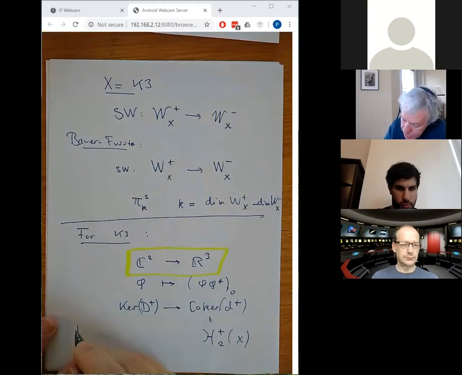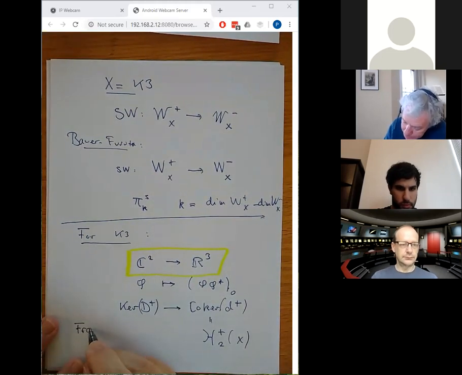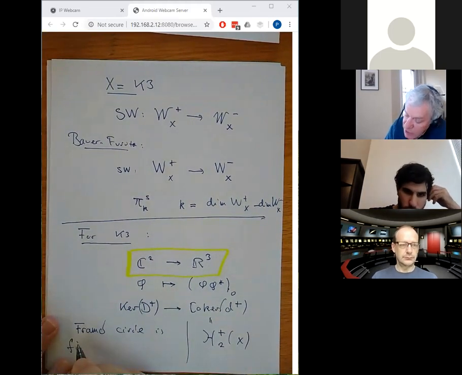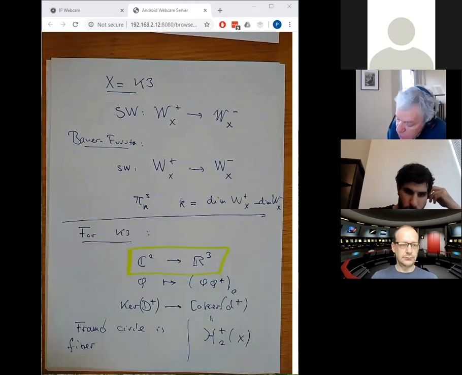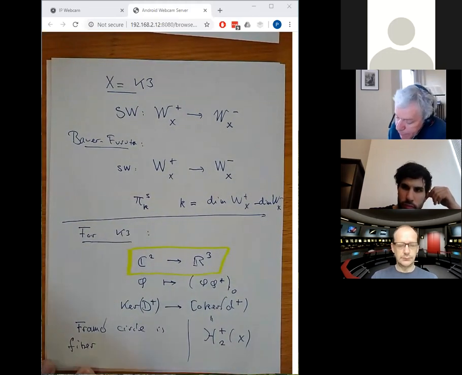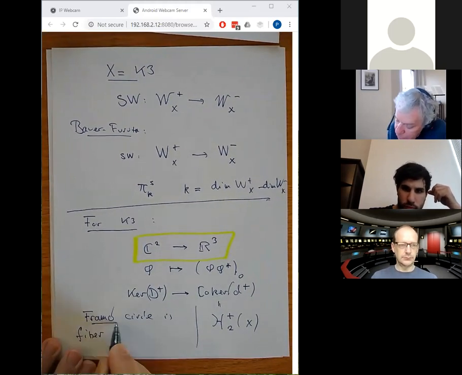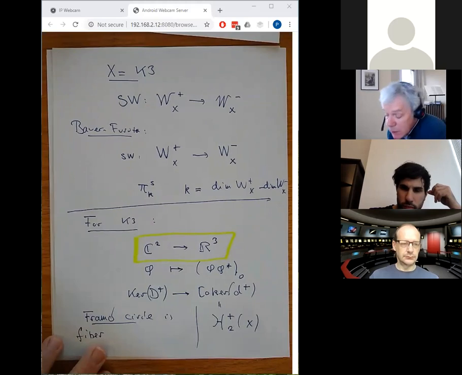And a framed circle is the fiber. Remember, this is the suspension of the Hopf map. This circle is one of the fibers of the Hopf map, and it's the framed circle with the framing that does not bound.